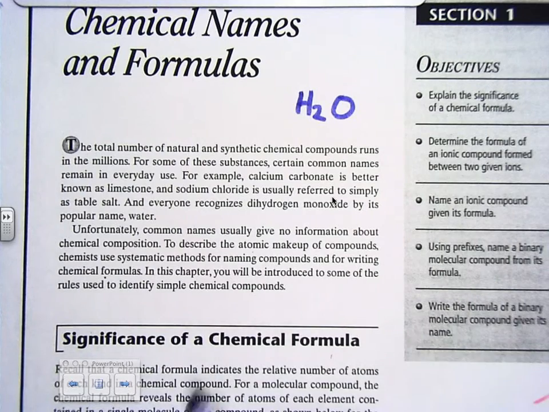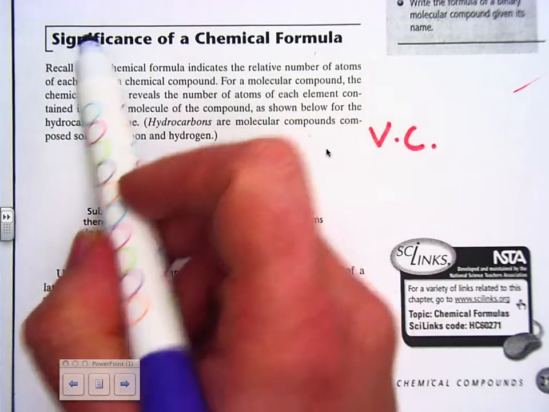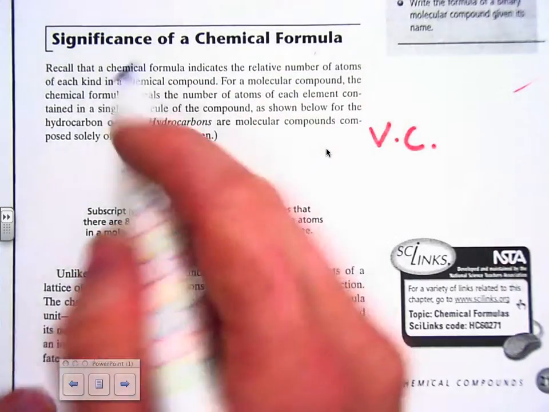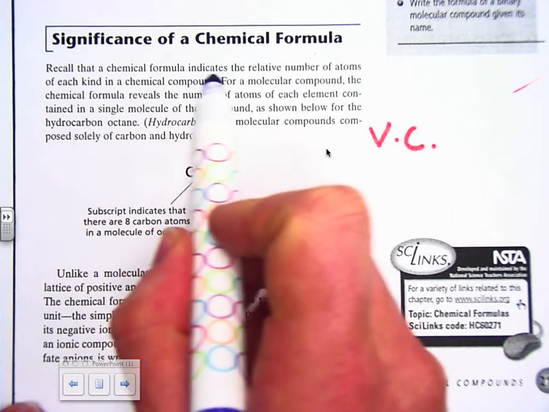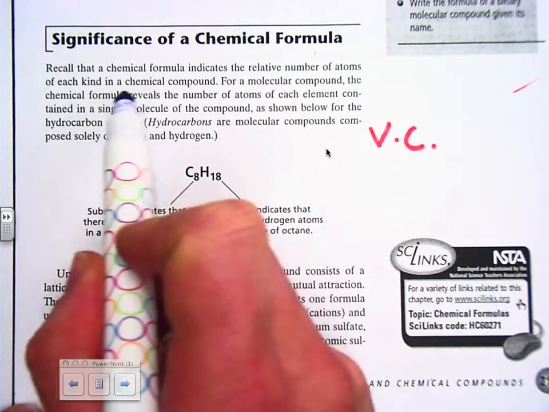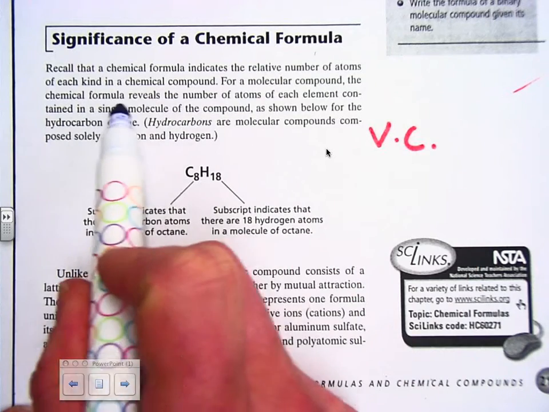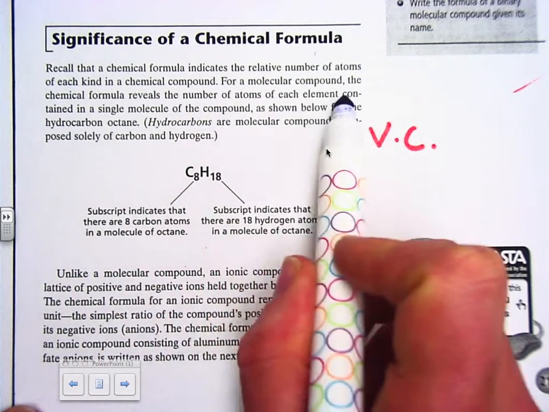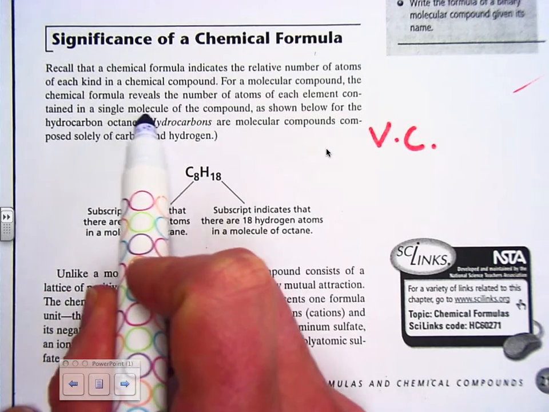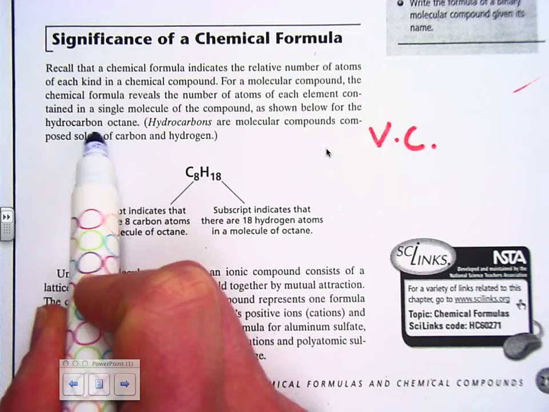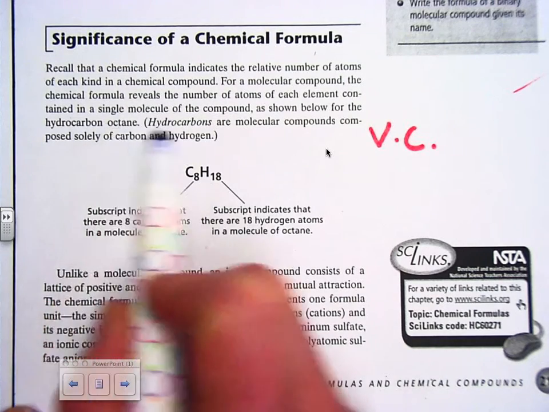All right. So, significance of a chemical formula. A good place to maybe write in your notes, section 1, maybe significance of chemical formulas. All right. Recall that the chemical formula indicates the relative number of atoms of each kind in a chemical compound. For a molecular compound, the chemical formula reveals the number of atoms of each element contained in a single molecule of the compound, as shown below for the hydrocarbon octane.